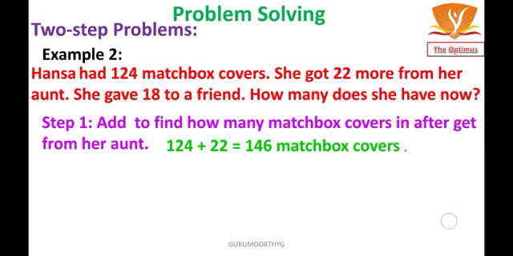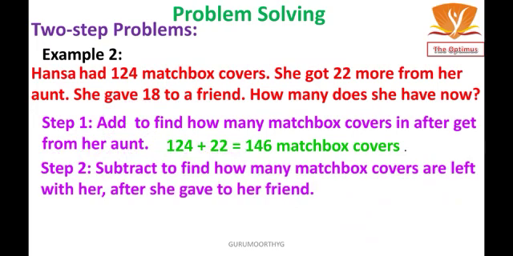Step 2: Subtract to find how many matchbox covers are left with her after she gave some to her friend. Dear kids, we know how to subtract. First subtract ones place, after that tens place, after that hundreds place. Some important notes: regroup wherever required.